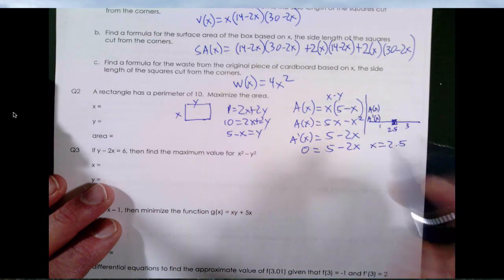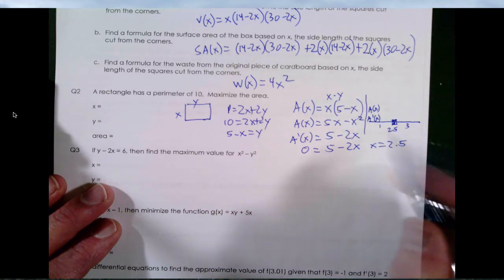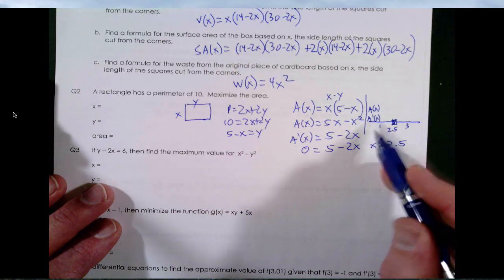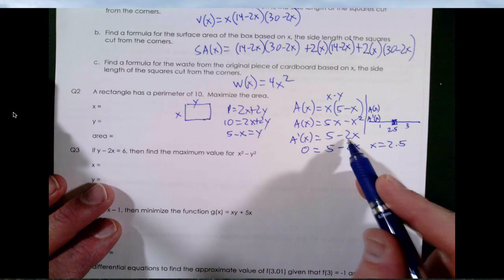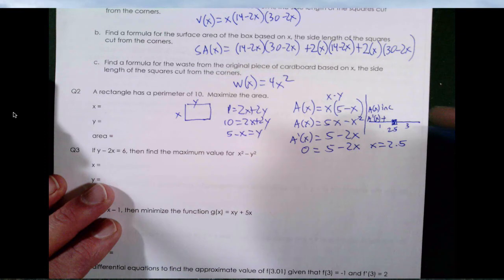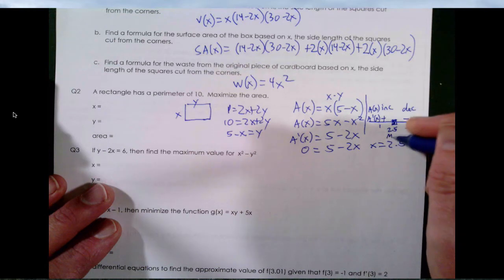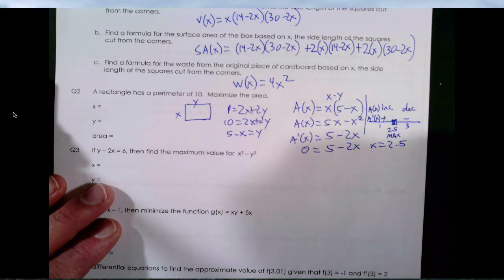If I plug 1 into A prime, 5 minus 2 times 1 is positive, so we are increasing. 3 gives 5 minus 6, which is negative, so we are decreasing, and therefore we have a max.